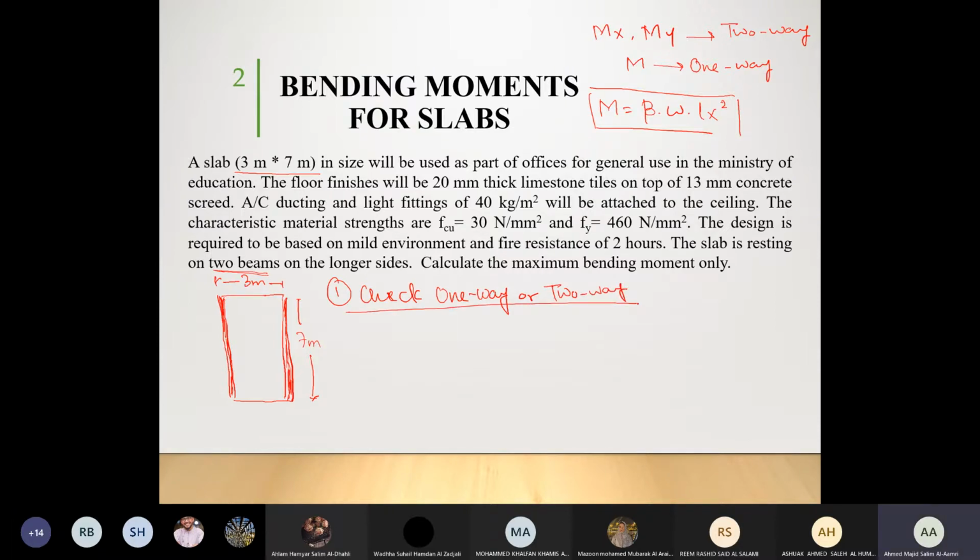Once again, why do we do that? We do it for the purpose of checking how many moments are to be calculated.